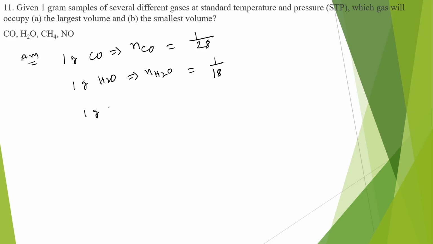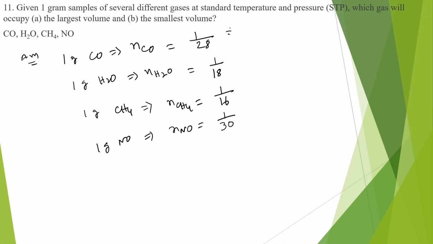And 1 gram CH4, number of moles of CH4 is 1 by 16, and 1 gram NO, number of moles of NO is 1 by 30.